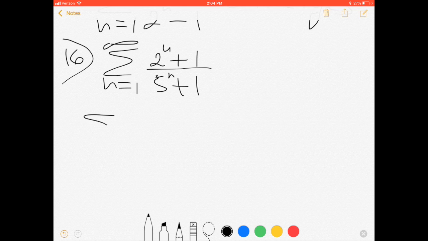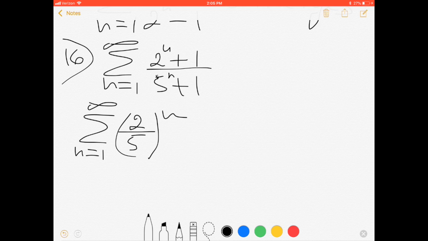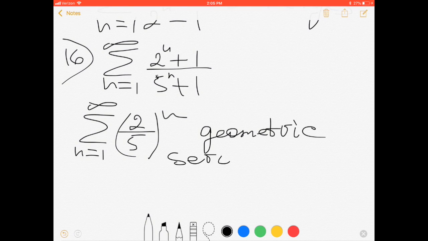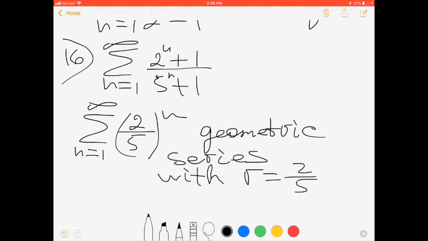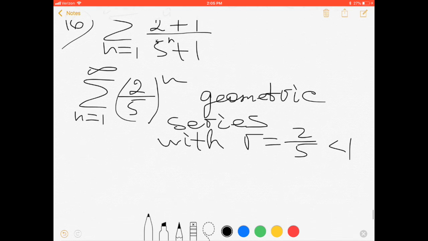Okay, build second series. What we have here? 2 to the 5th power n. It will be geometric series with r equal 2/5, positive number less than 1.